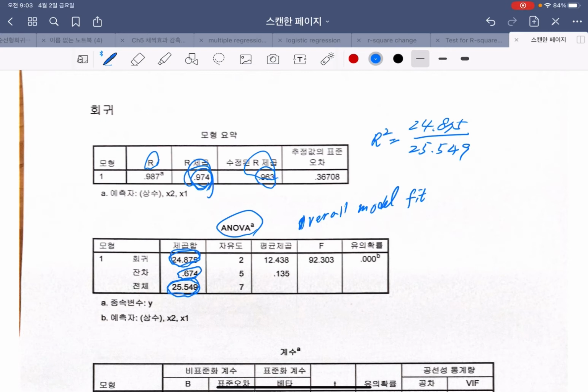Now let's talk about the hypothesis that we use for this ANOVA table. The null hypothesis is that the model is not good, and the alternative hypothesis is that the model is good.